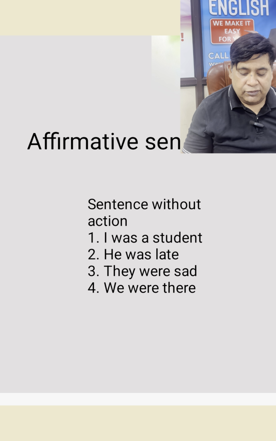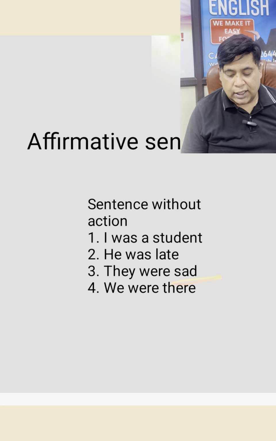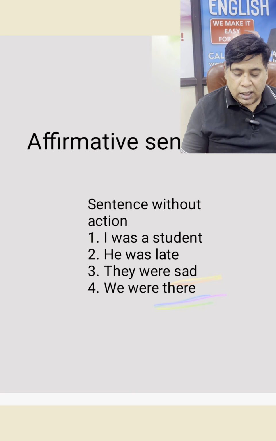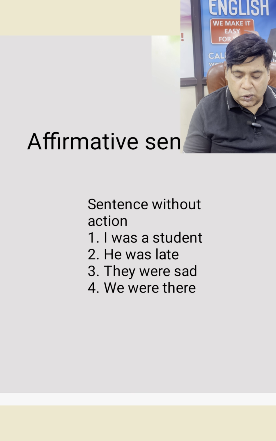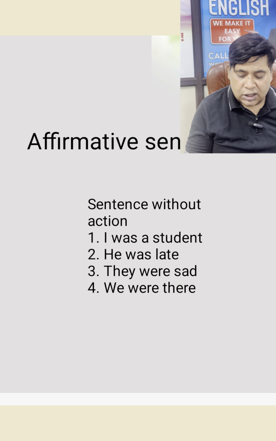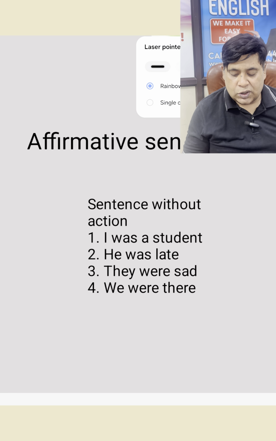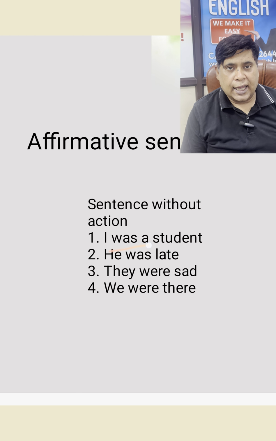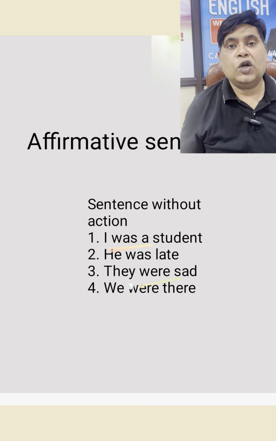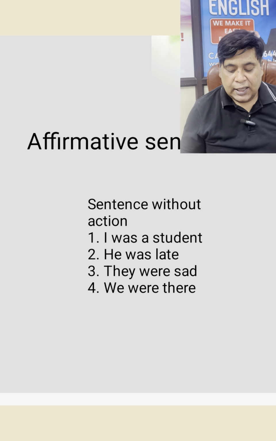If you see what kind of sentences these are, there is no verb, no action here. A student is not an action, late is an adjective, sad is an adjective, there shows the place, but it is not an action. So if there is no action, we cannot make the past form of the verb. We make normal sentences.